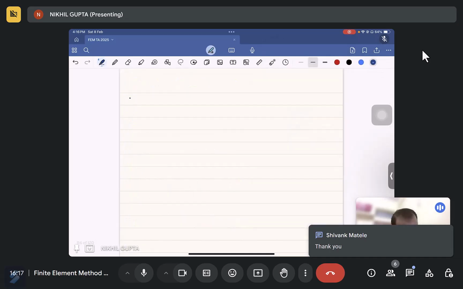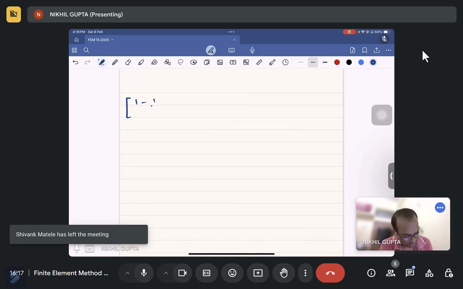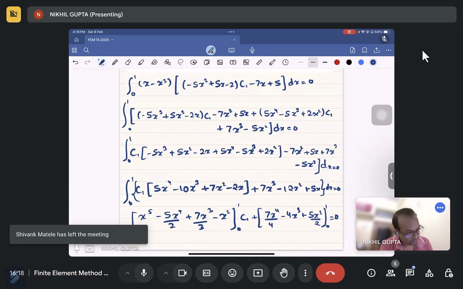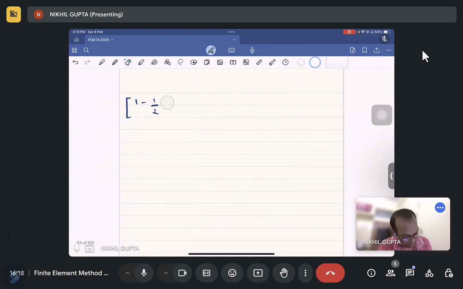And when you put in the limits, we get 2 minus 1 by 2 plus 1 by 3 minus 1 C1 plus 1 minus 4 minus 4 plus 5 by 4 equals 0.